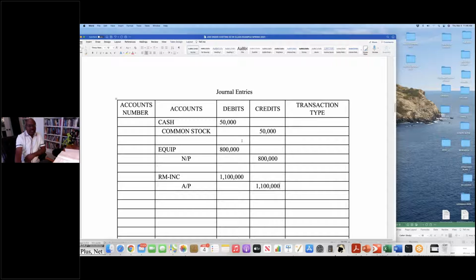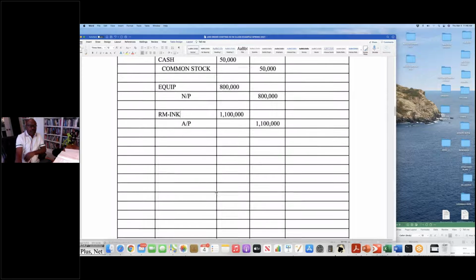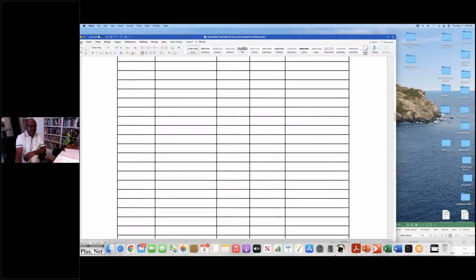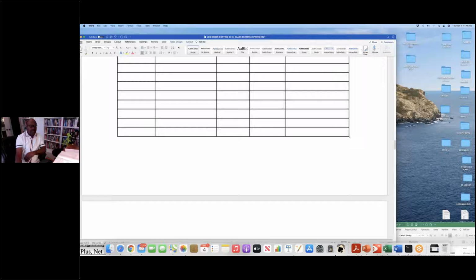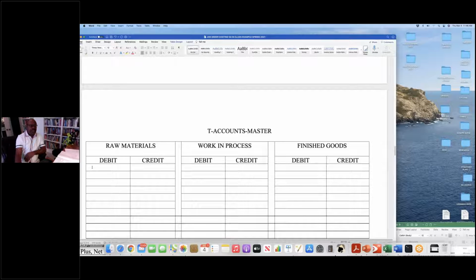Now for the quiz, not for your midterm, but for the quiz, you will simply post appropriate manufacturing accounts. So all you have to do is put items in the manufacturing accounts. And so we're just putting in the million.